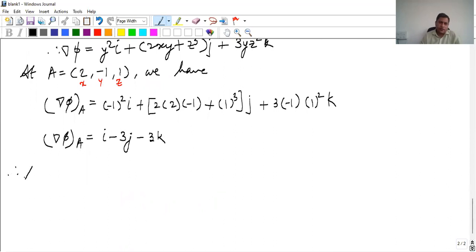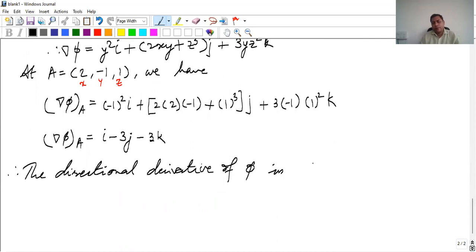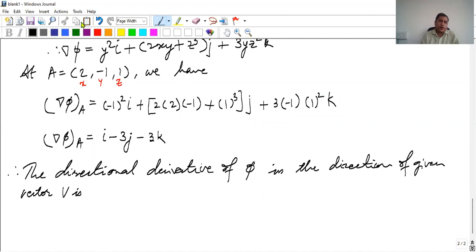Hence, the directional derivative of phi in the direction of the given vector a bar is equal to del phi dot a bar upon mod of a bar.